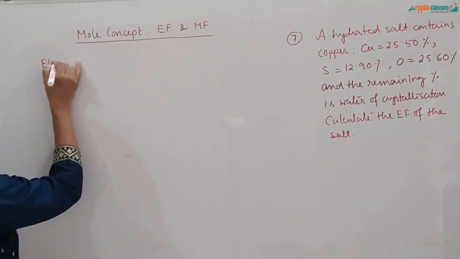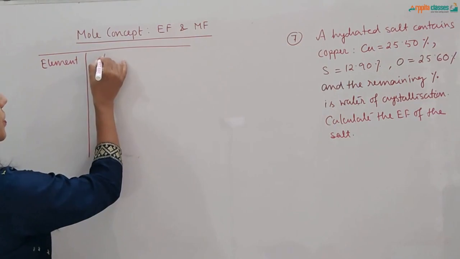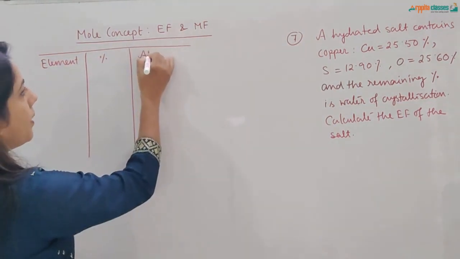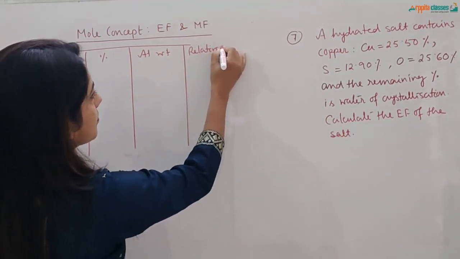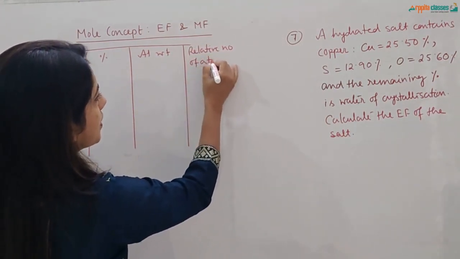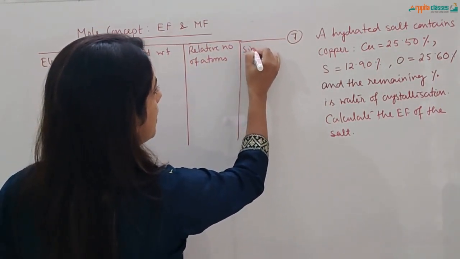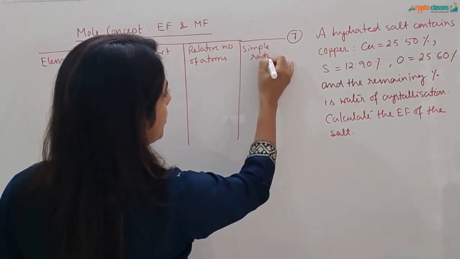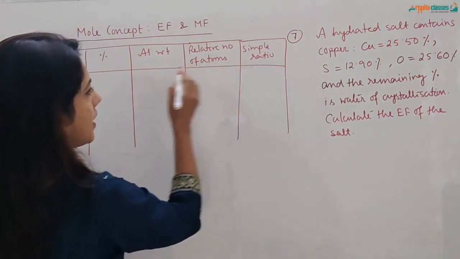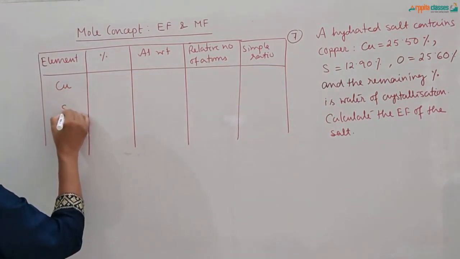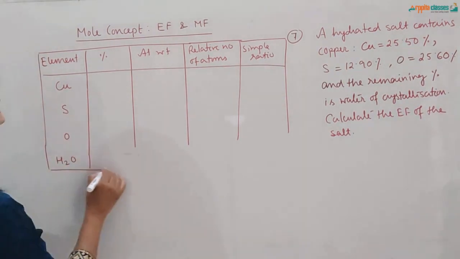Here we are going to write element, percentage, atomic weight, relative number of atoms, and finally the last column is simple ratio. So the elements are copper, sulfur, oxygen, and water of crystallization.